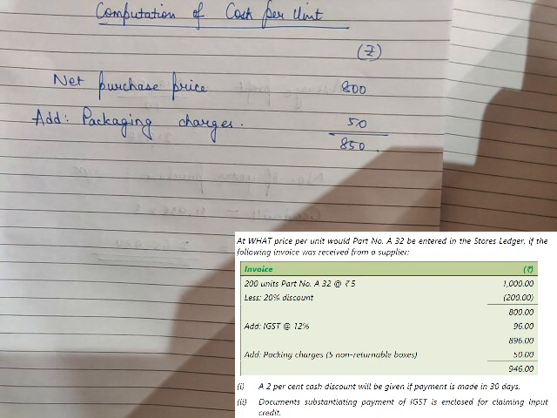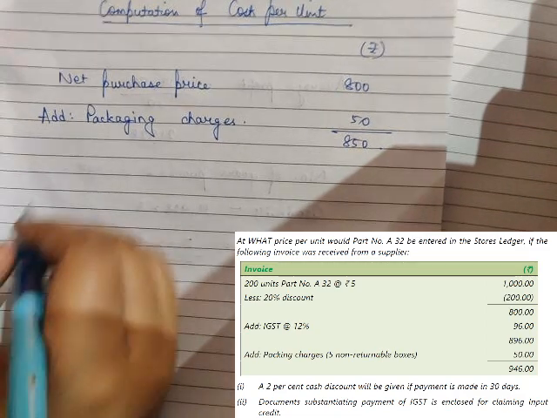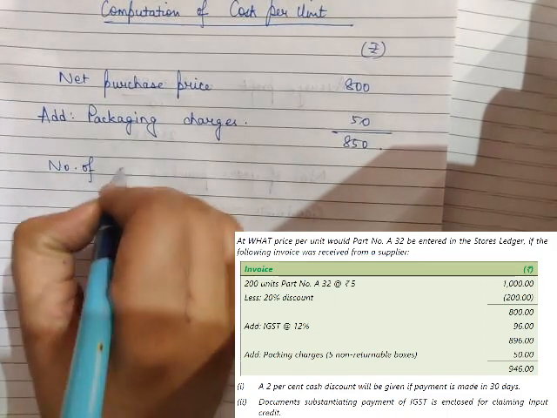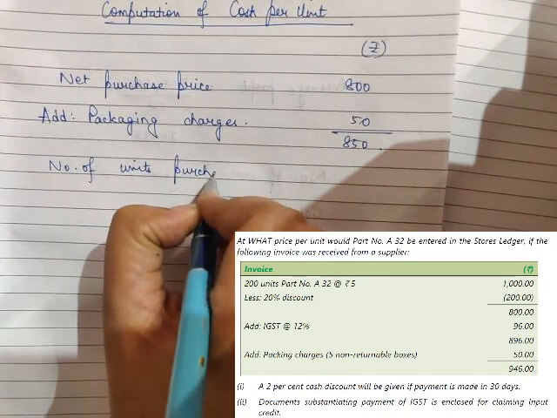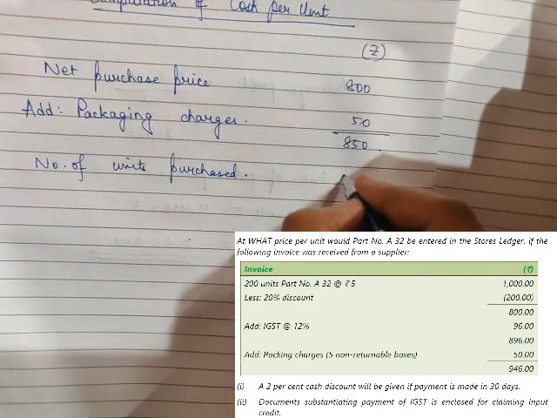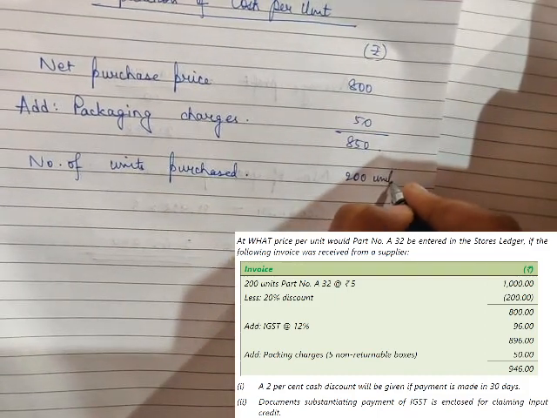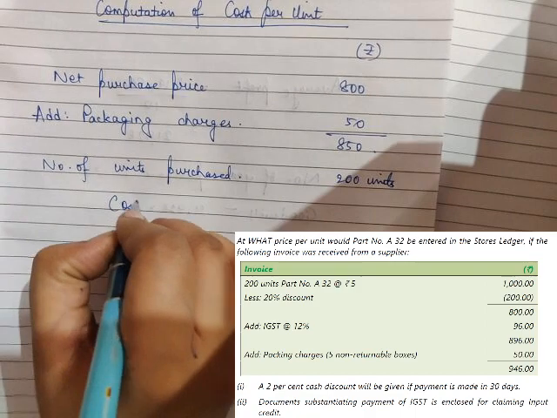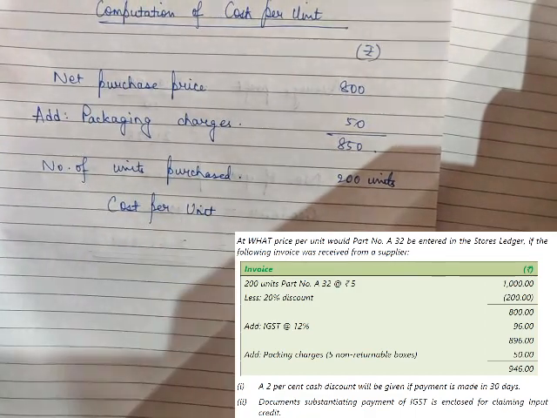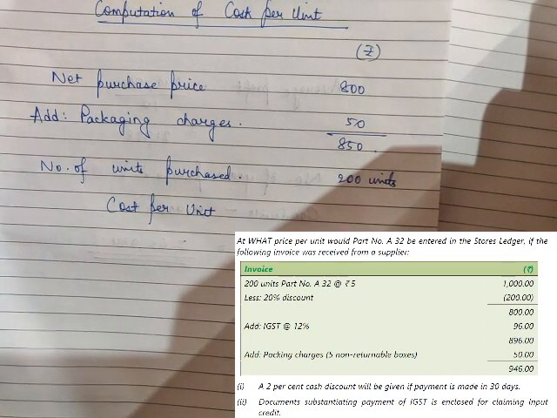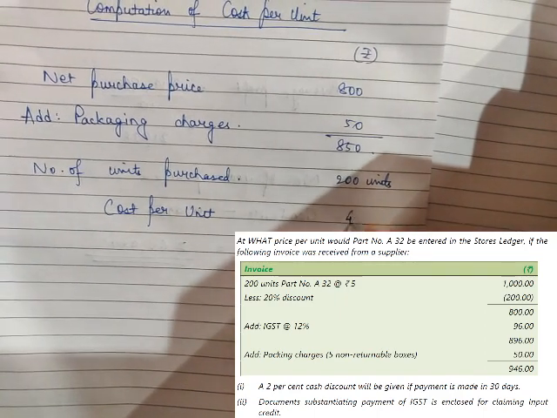It is shown separately in the PL account. So, the number of units purchased is 200 units. So, the cost per unit is 850 by 200, giving us 4.25.